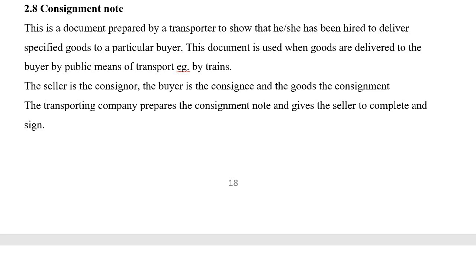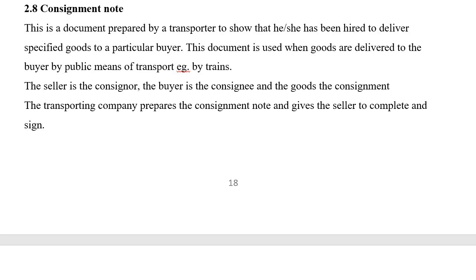This document is used when goods are delivered to the buyer by public means of transport, let's say trains, planes, and so on. The seller is the consignor, the buyer is the consignee, and the goods are the consignment.